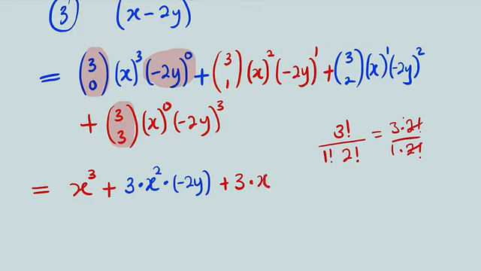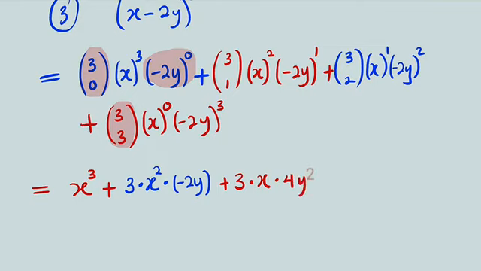Negative 2y to the power of 2 will give us 4y squared. Then let us take the last term. Already 3 combination 3 is 1. x to the power of 0 is 1 also, so we only have this. Negative 2y to the power of 3 will give us negative 8y to the power of 3.